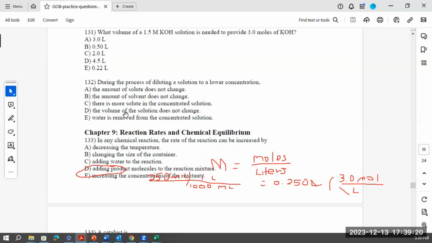D, the volume of the solution doesn't change. E, water is removed from the concentrated solution. A is correct. The amount of solute is going to be the same in both cases.